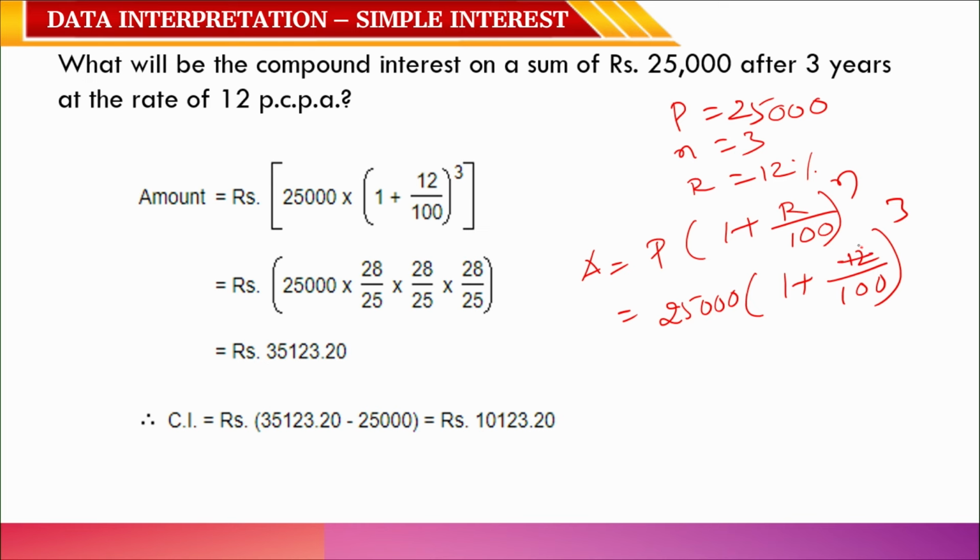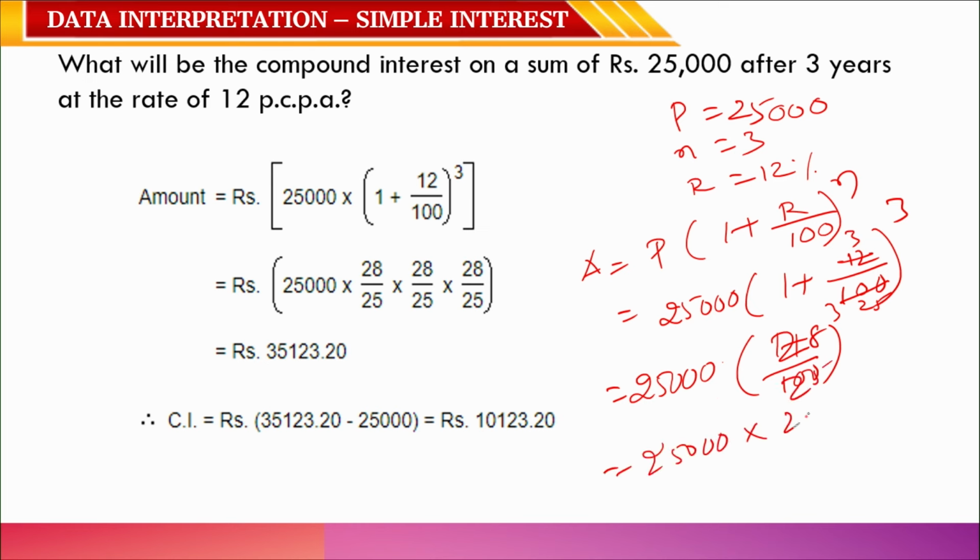So 4 25s are 100, so 25,000 into 1 plus 25 ones are 25 plus 3 is 28. So its value is 28 by 25 whole cube, or 25,000 into 28 by 25 of 28 by 25 of 28 by 25. 25 ones are 25,000, correct.